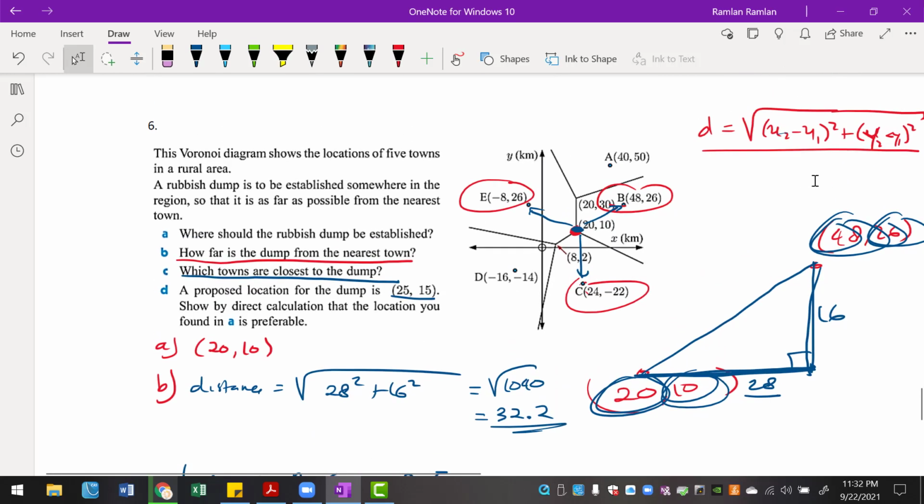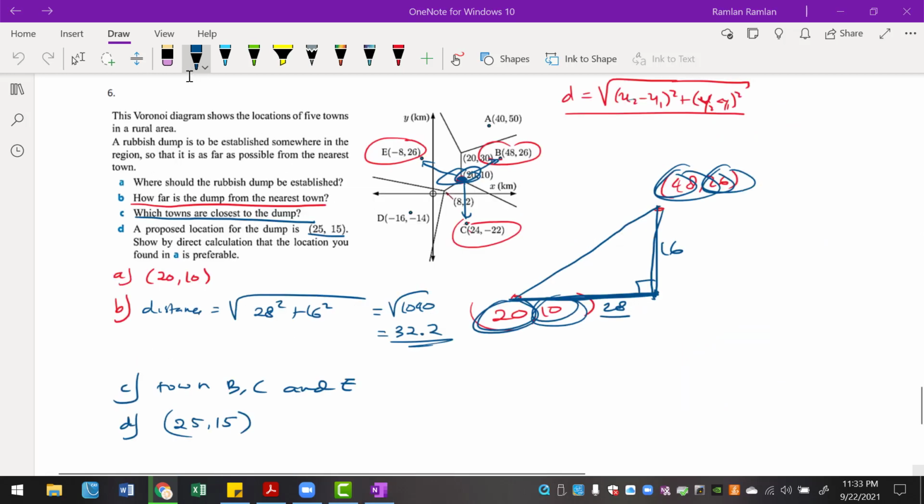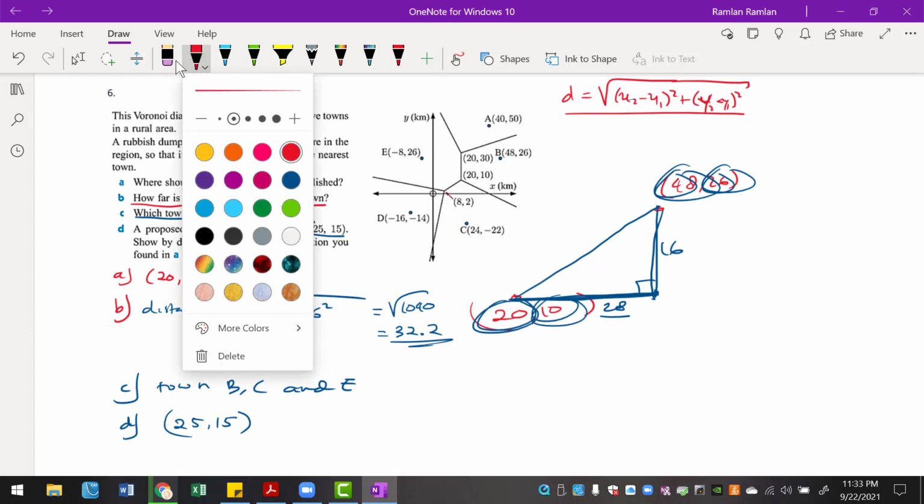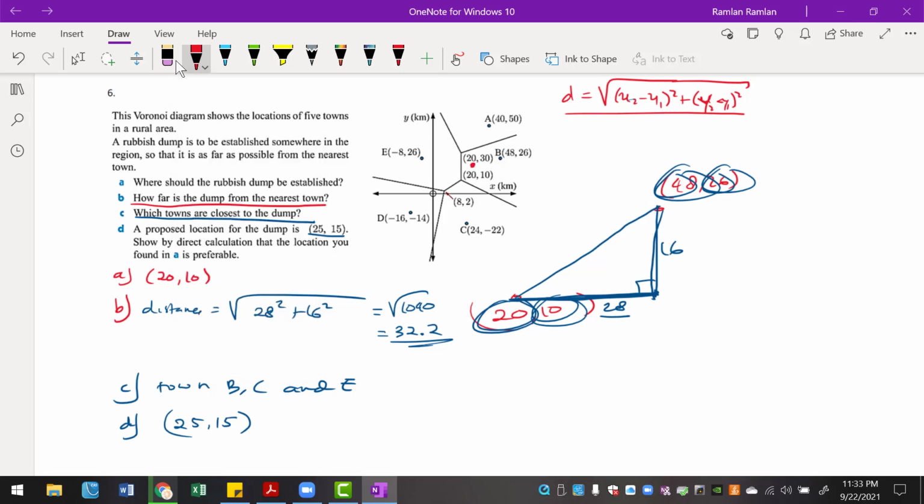If I go back to the image, 25,15 is approximately somewhere in here, right? So this one here is going to be very close to B, compared to A, E, C, or D. This point is going to be closest to B.